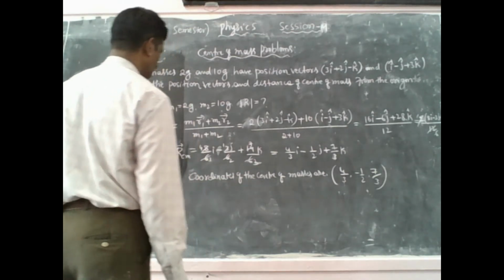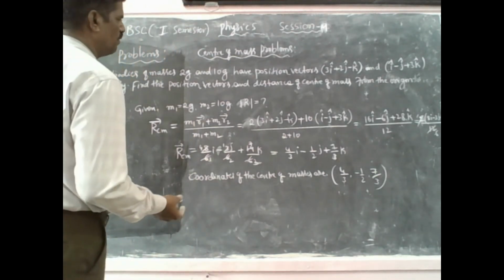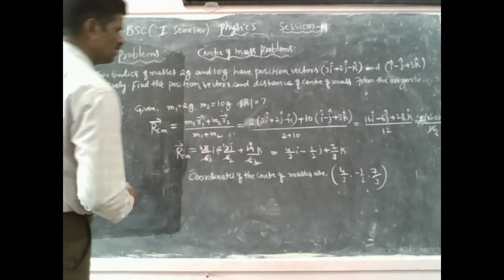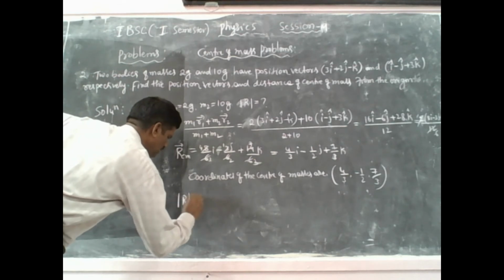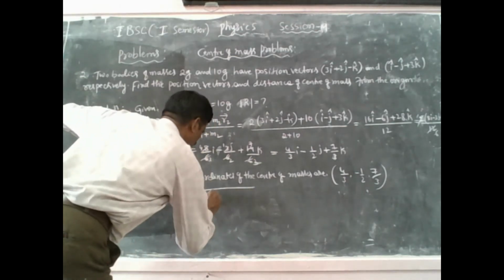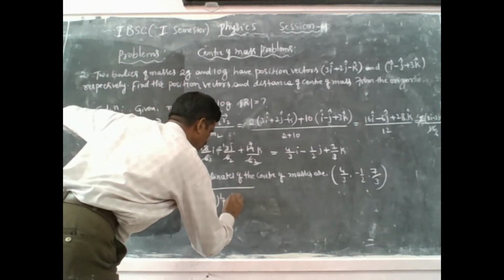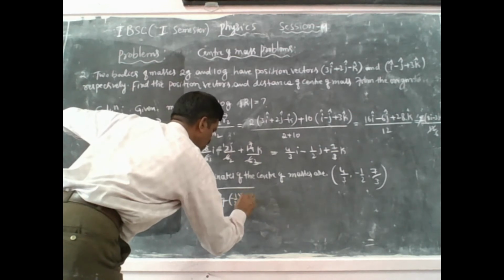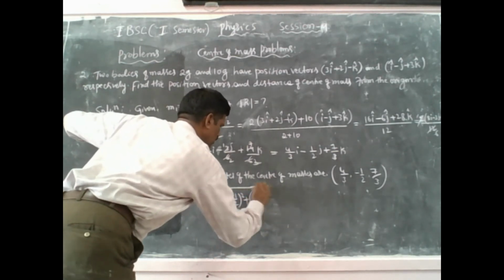Now we are going to estimate the distance from the center of mass. So distance is equal to the magnitude of r, which is equal to root of 4 by 3 whole square plus minus 1 by 2 whole square plus 7 by 3 whole square. Isn't it?